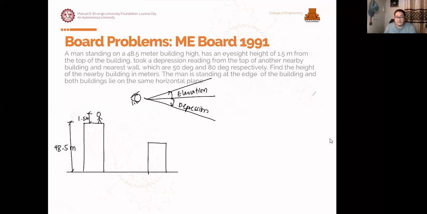Okay, so ibig sabihin meron siyang tinitingnan na nearby building. Okay? Na pag silip niya is ano to? Took a depression reading from the top of another building and nearest wall.